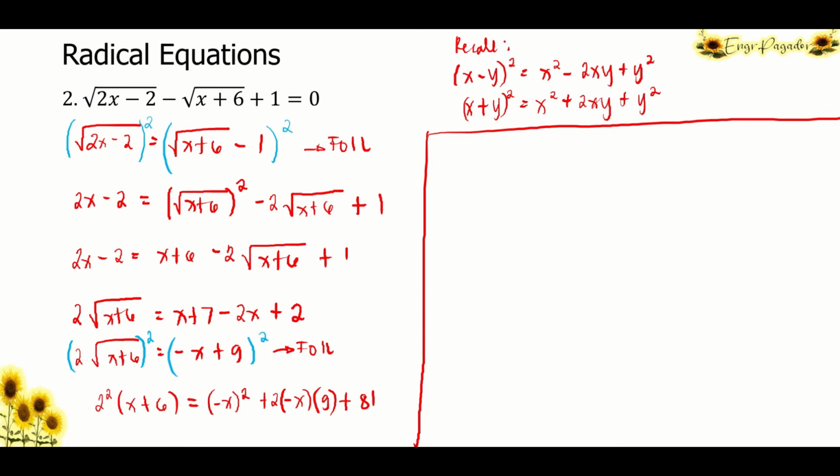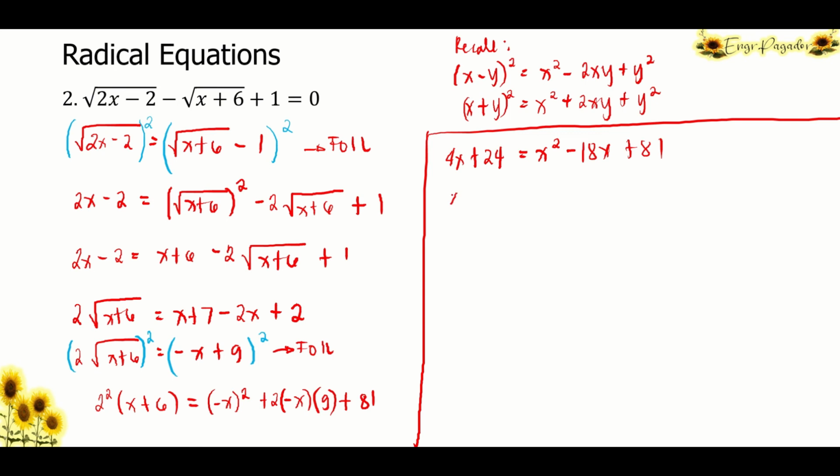So, if you're going to simplify this one, this is equal to 4x plus 24. And this is equal to negative x quantity squared. So, negative times negative, that is equal to positive. So, magiging x squared yan. And then for this one, 2 times negative x times 9, that is negative 18x. And then plus 81. So, simplify natin to or combine like terms na natin.